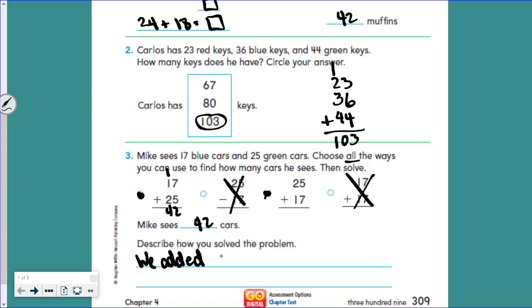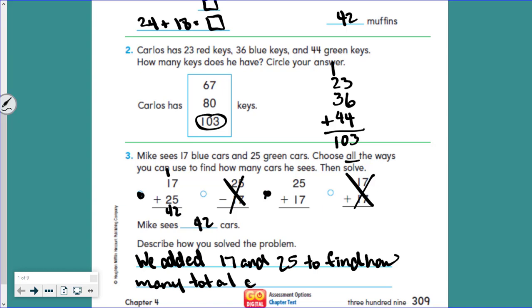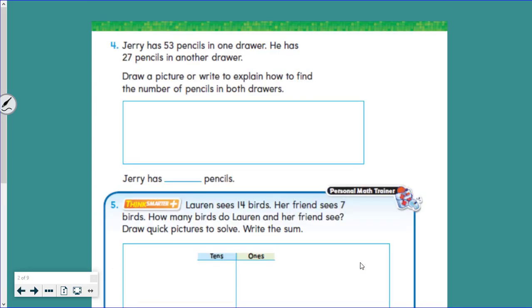So we added 17 and 25 to find how many total cars Mike, capital M, saw. Period. All right, let's go to the next page.